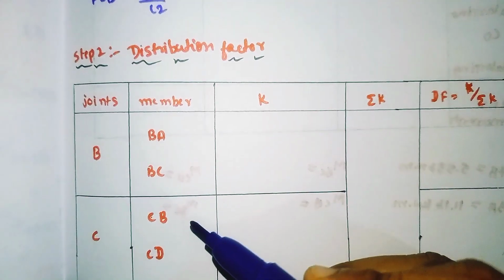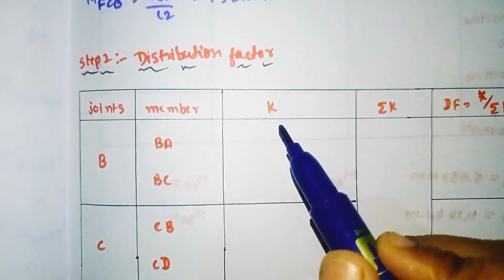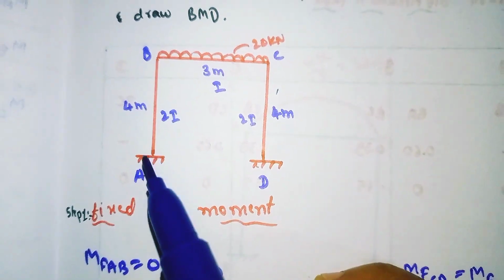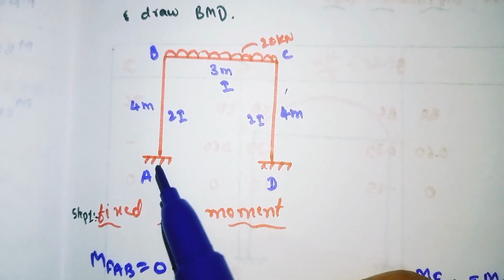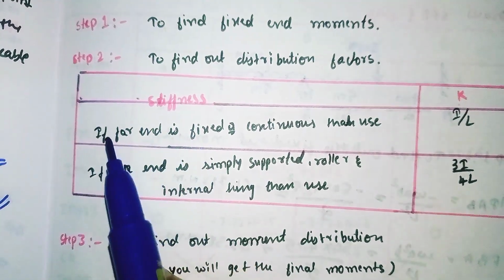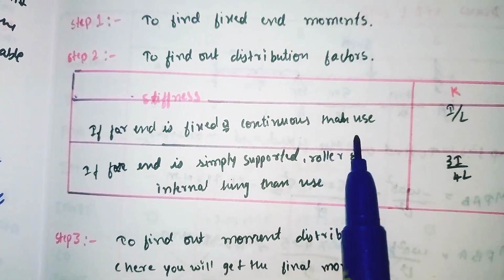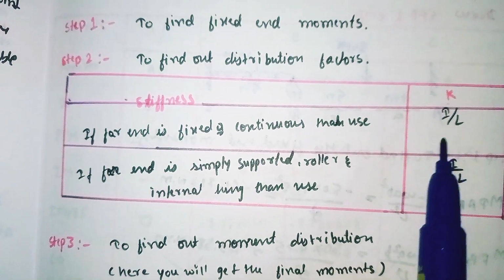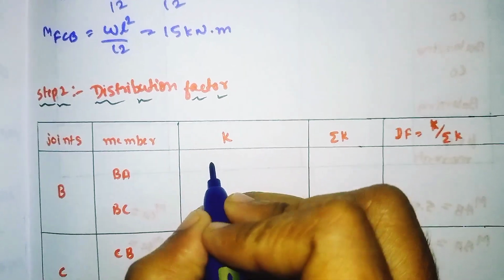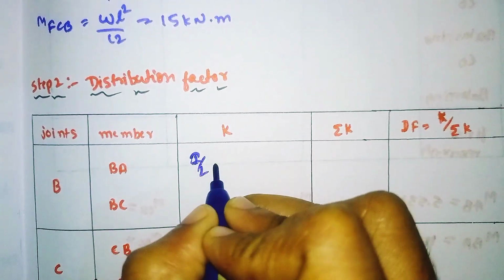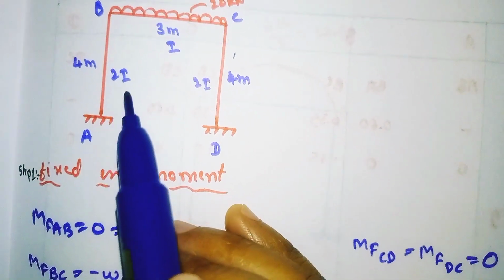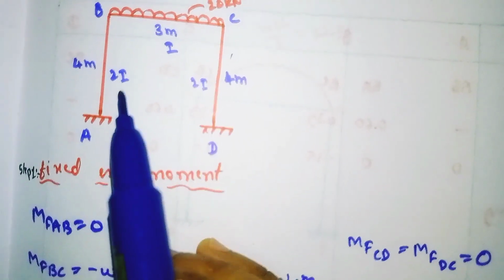So I have written here, and to find out the K value, see for member BA, the far end is fixed. If the far end is fixed or continuous, we need to use the formula I divided by L. So for BA, we have the formula I divided by L. One more thing is, in our frame the I value is given, and we need to substitute this value.